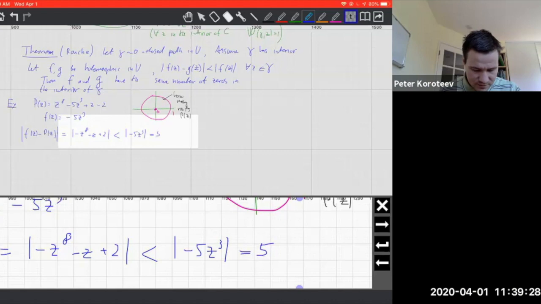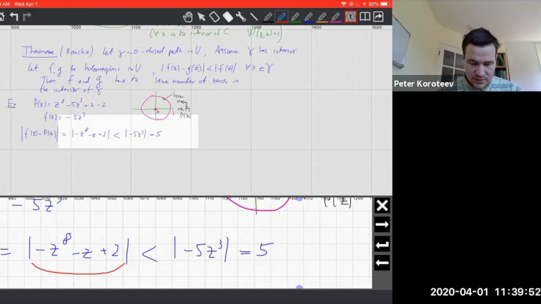It's clearly the case, right? Because what is the maximal value this function can take? It's 4, and actually even 4 is not achievable. So whatever value of z you take in the unit circle, this expression on the left is always less than 5.